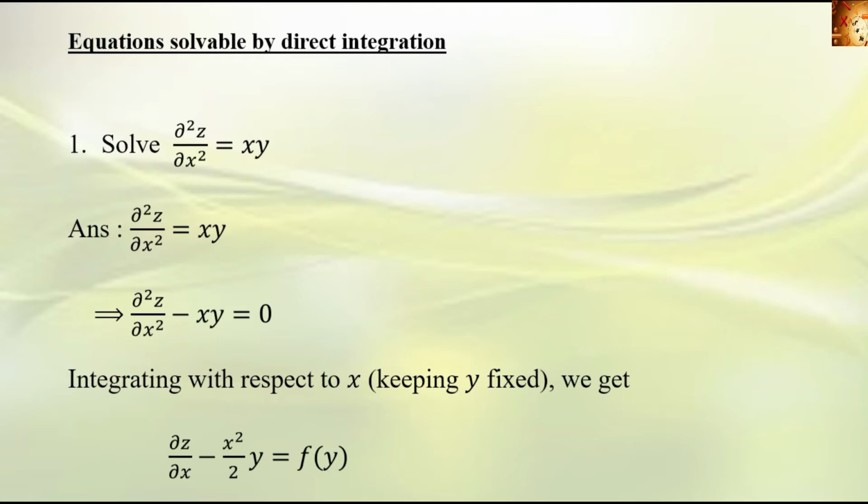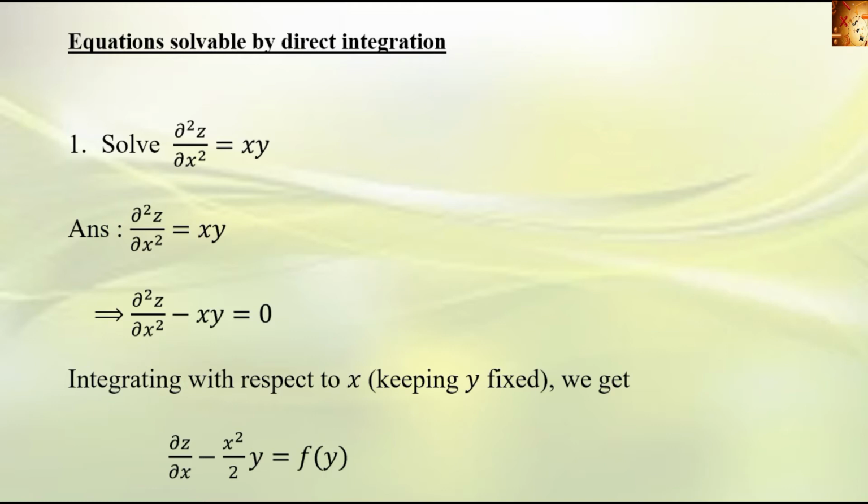The integral of x means x square by 2, so x square by 2 y, equal to the integral of 0, which means a constant. While integrating we have a constant. Take that constant as f of y because y is kept as constant. So we get the expression dou z by dou x minus x square by 2 y equal to f of y.